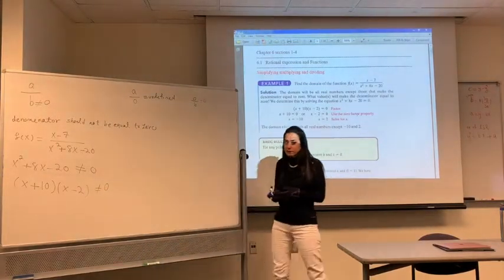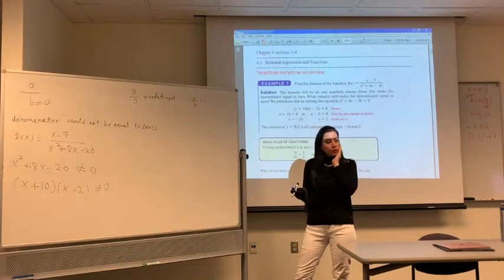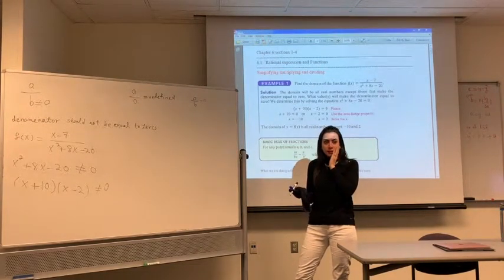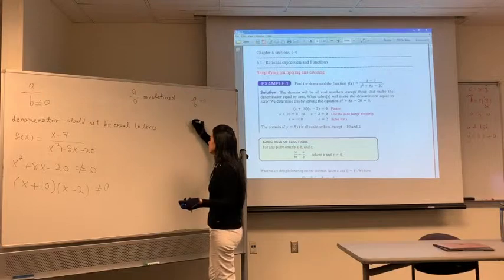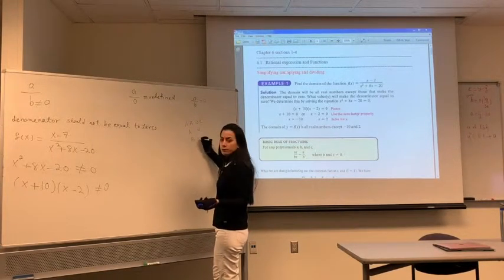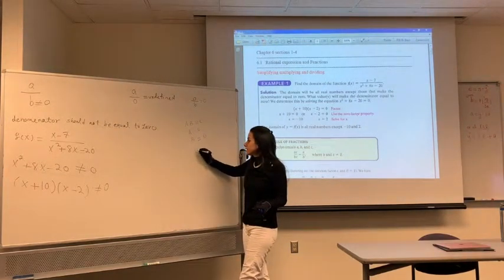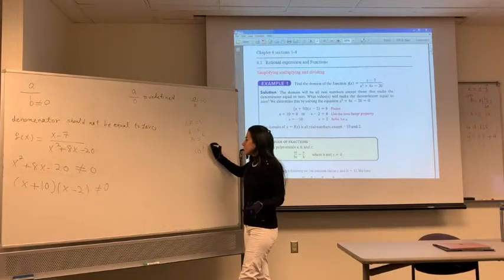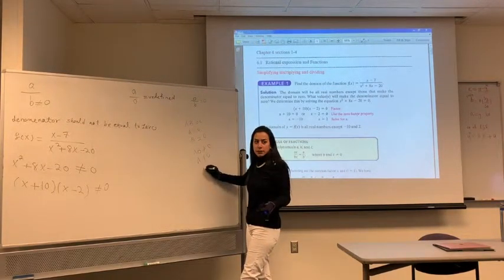What does the zero product property say? It says a multiplied by b equals 0 means either a is equal to 0 or b is equal to 0. So what happens if we say ab is not equal to 0? It means a is not equal to 0 and b is not equal to 0.